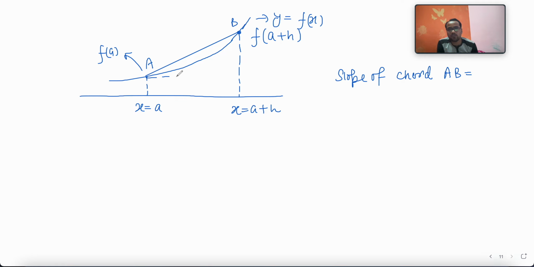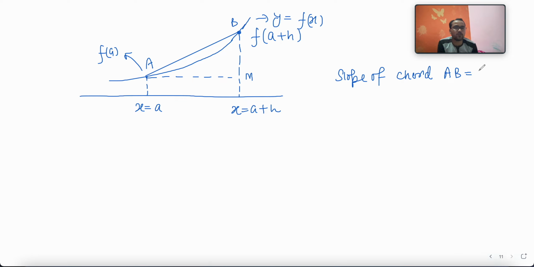So if you draw the horizontal line, then you can clearly observe the change in y will be f of a plus h. This whole height is f of a plus h, and this height is f of a. So this much, BM, will be f of a plus h minus f of a.